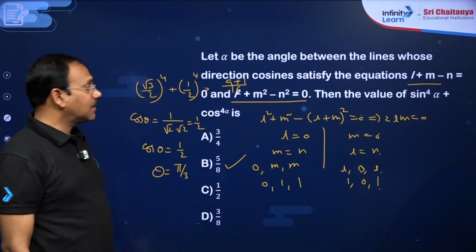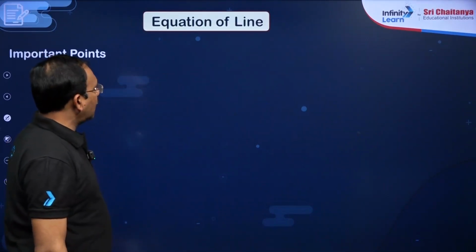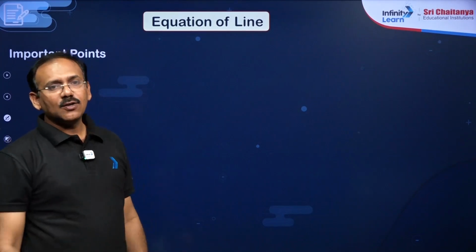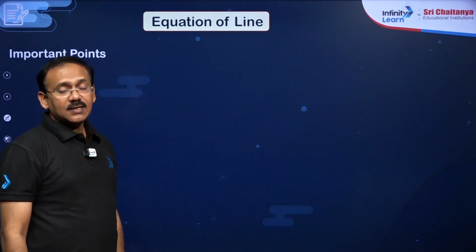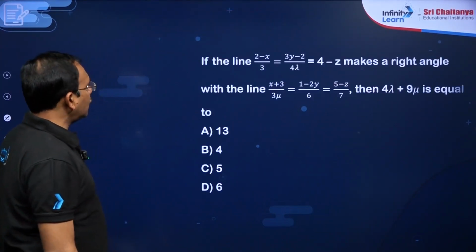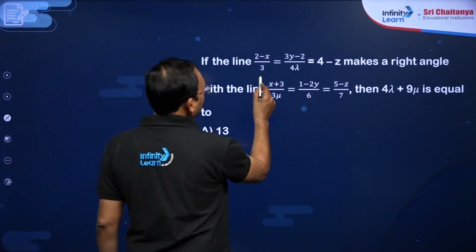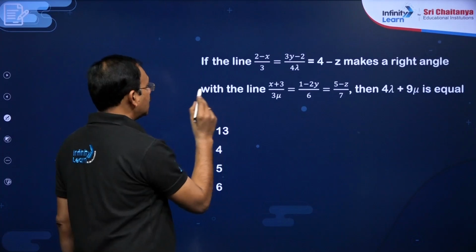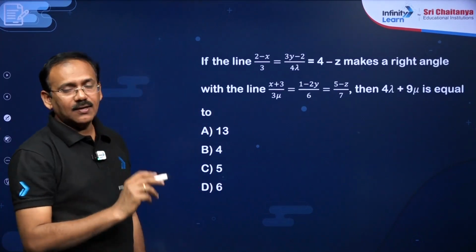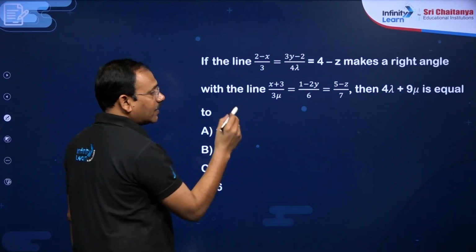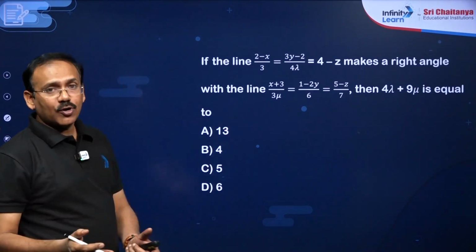Okay, right. Next, dear students, coming to the equation of the line. So we have done the problems related to coordinate system, then DRs and DCs. Then coming to line, my dear friends, you know the point. If the line equation is given like this, and it makes a right angle with another line, that means you have to take the first line's DR and the second line's DR, and the dot product must be 0.